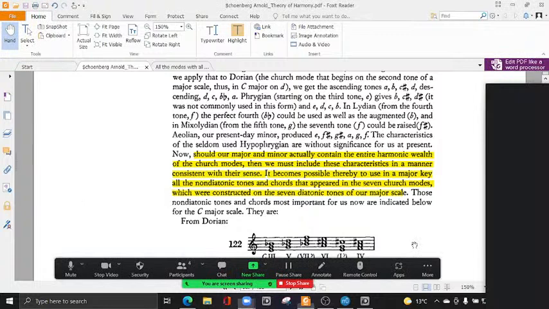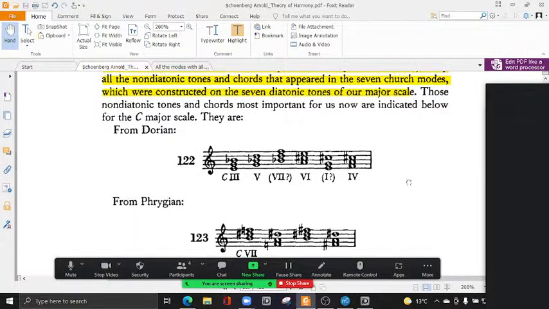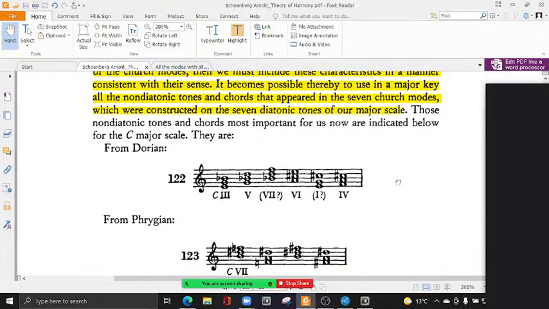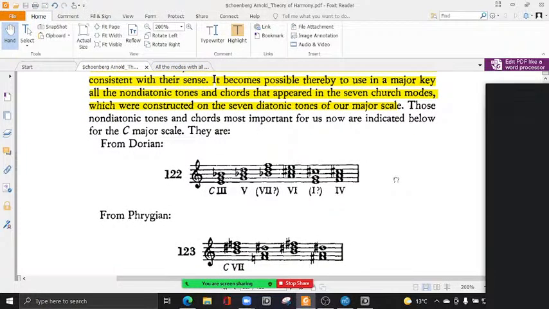So let's say that you have, it says, okay, it becomes possible thereby to use in a major key all the non-diatonic tones and chords that appear in the 7 church modes, which were constructed on the 7 diatonic tones of our major scale. Those non-diatonic tones and chords most important for us are now indicated below for the C major scale.